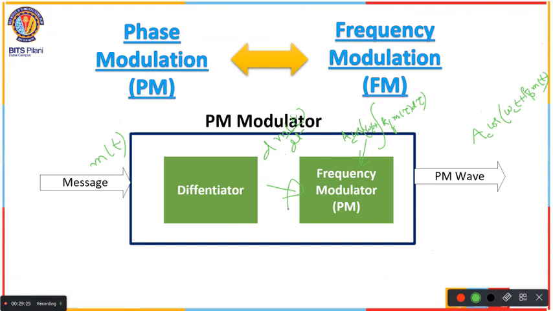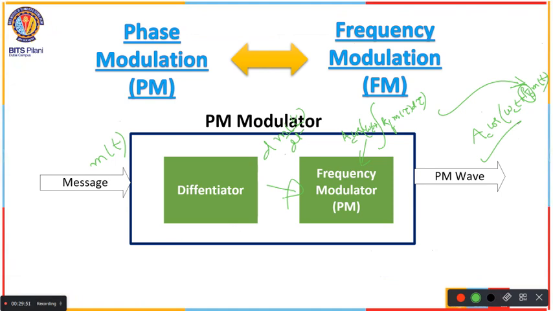When this is given as input, you get integration of differentiation. What happens to integration of differentiation? It cancels, so you will remain with another constant into m of t. And what is this? Phase modulated wave.